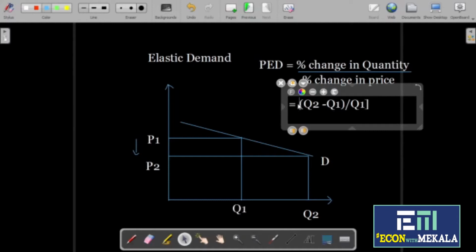This is multiplied by 100 because we are considering percentages.